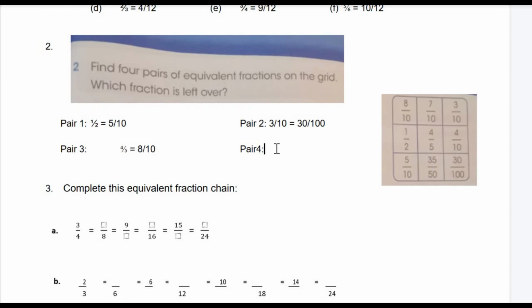So the last pair we have is 7 out of 10 equals 35 out of 50. And the leftover fraction is 4 out of 10, because we don't have any equivalent fraction for that.